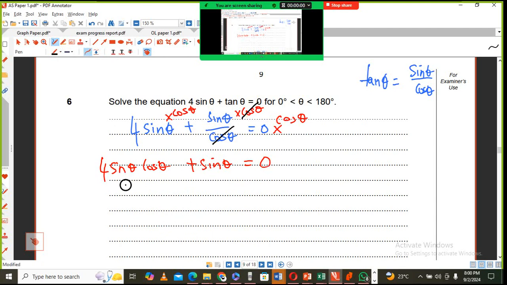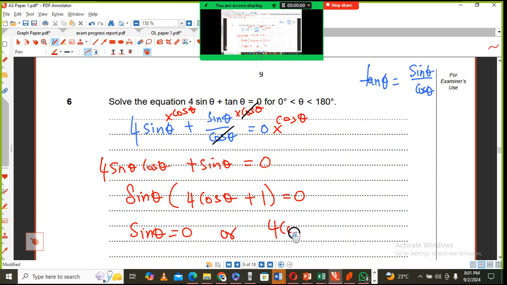Okay, so when we are here, let's take out the common factor. What is the common factor here? Sine theta. So you take out sine theta. And then inside you have 4 cos theta plus 1 equals 0. Okay, one condition is sine theta equals 0, or 4 cos theta plus 1 is equal to 0.